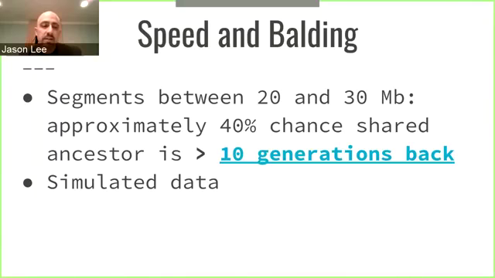Again, this is based on simulated data, so it's not exactly clear how well this applies to actual empirical information, but it does highlight a problem that we have. And just to let you know, a 20 megabase pair segment is approximately 20 centimorgans.